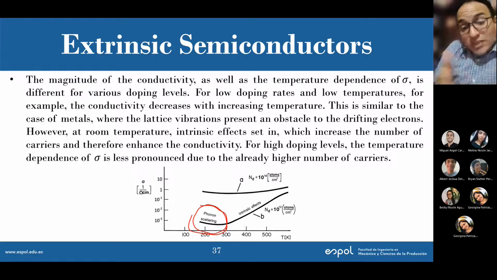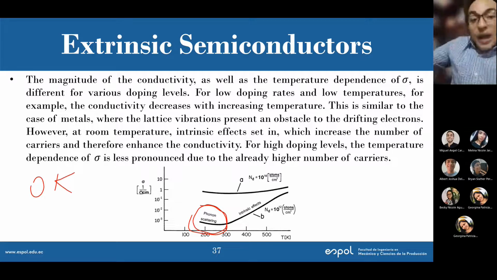And because I'm at 200 Kelvin, I have enough energy, or it's different than being at 0 Kelvin, right? When I have no mobility. So I'm putting some energy, 200 Kelvin, that's some energy. But because of that energy, everything starts moving. So I will have more collisions.